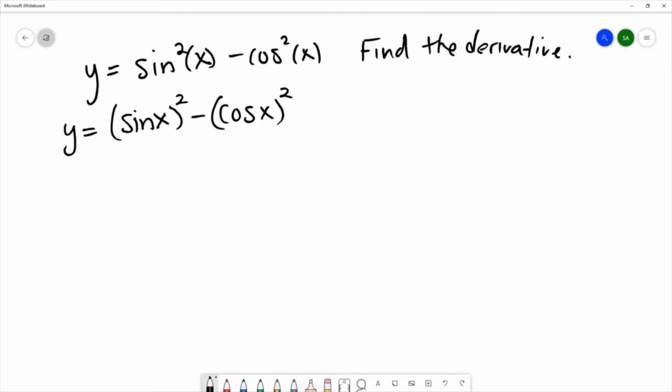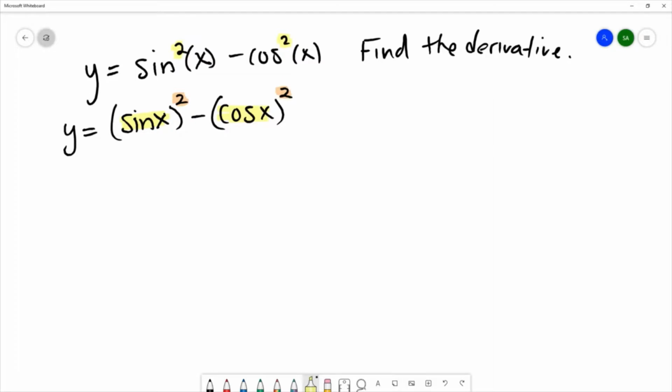With the chain rule, you have an inside function and an outside function. We have the squared as our outside function, and we have the sine, and over here the cosine as our inside function. When it's written in this shorthand, it's hard to recognize what's on the inside and what's on the outside.